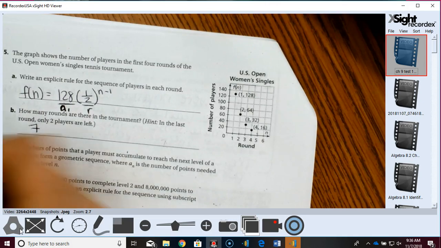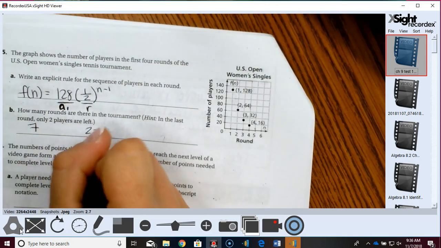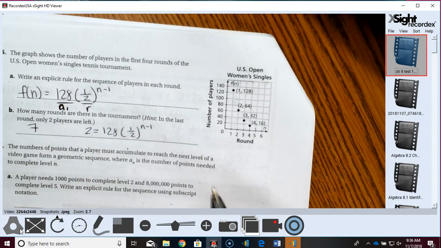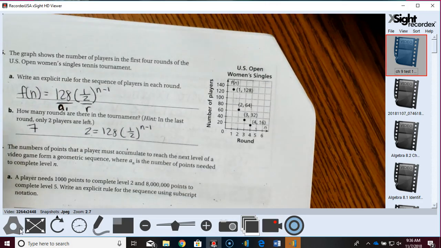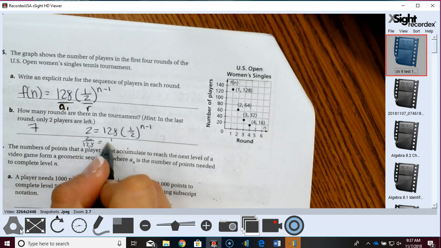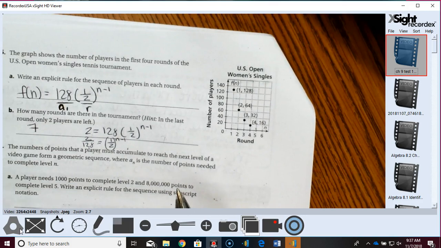2 equals 128, 1/2, n minus 1. So 2 divided by 128. Trying to think of how I can do this.